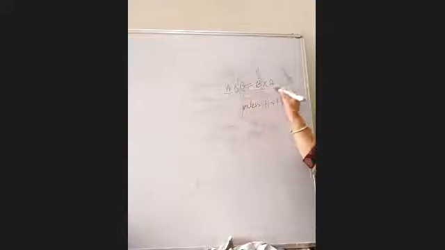A cross B is not equal to B cross A. It is only possible when the sets are same. दोनों के दोनों सेट क्या होने चाहिए? सेम होने चाहिए.